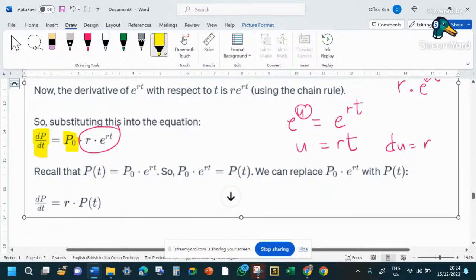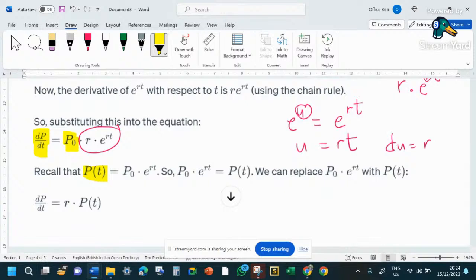So therefore you have P of t is equal to P initial e to the rt, but your P initial e to the rt is actually your P of t. So going back here, P initial e to the rt will be substituted by P of t.